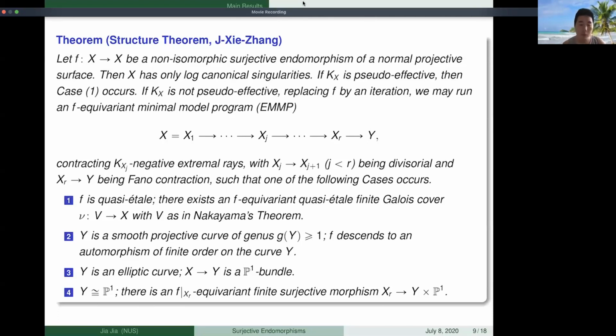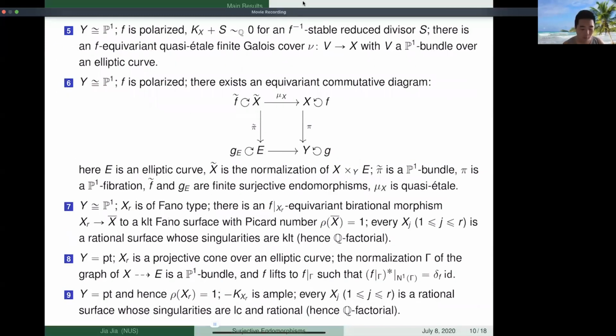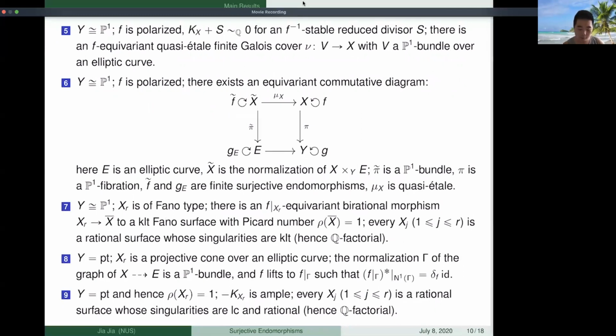Case 4, this Y is isomorphic to P1, and we have f_{X_r}-equivariant finite surjective endomorphism X_r to this Y cross P1. And the descending endomorphism is splitting. Case 5 is Y isomorphic to P1, but this f is polarized.